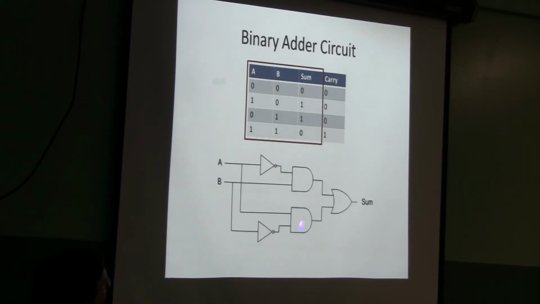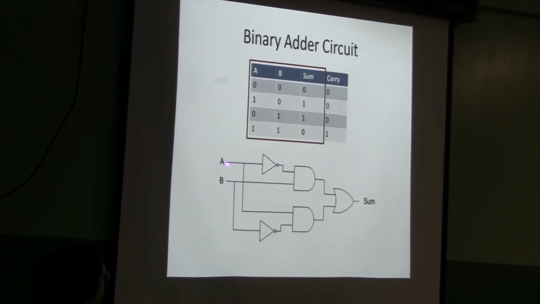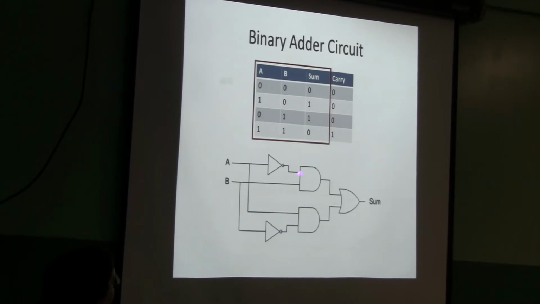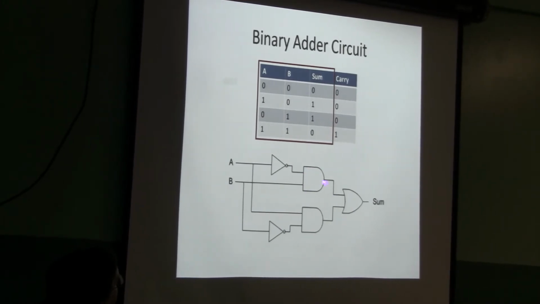So how the circuit works, this is actually an exclusive OR gate, but using simpler gates to produce it. So if A is 1, then it's inverted here, and so this would be a 0. So this AND gate would be off right away.